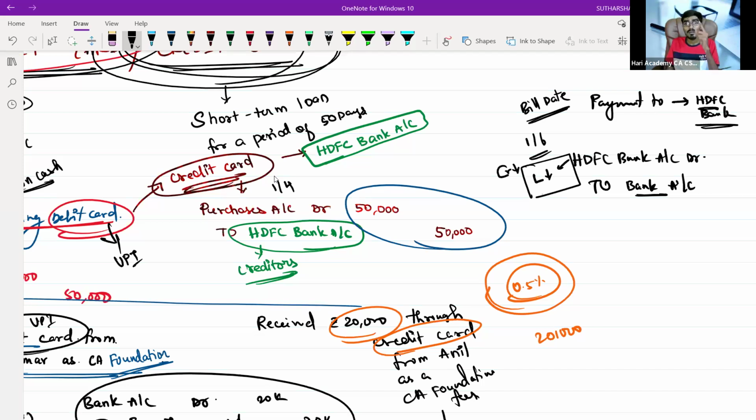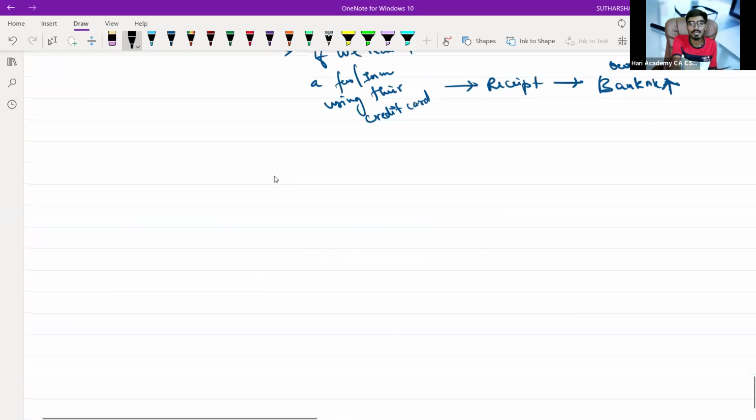Okay. Maybe I will tell you, payment to this HDFC Bank can happen by debit card also. Credit card payment, listen, this is practically happening in many persons' personal life.